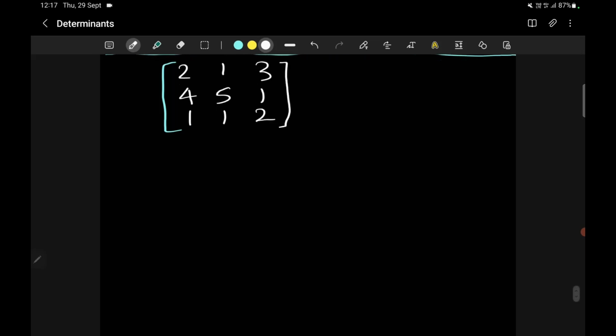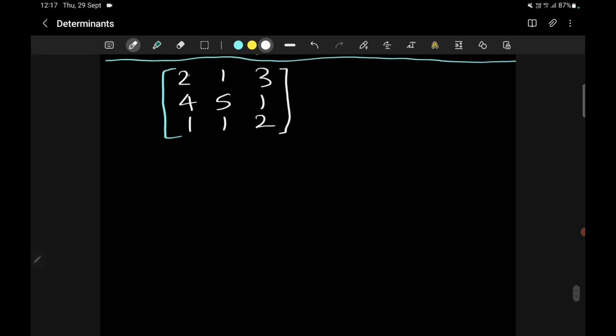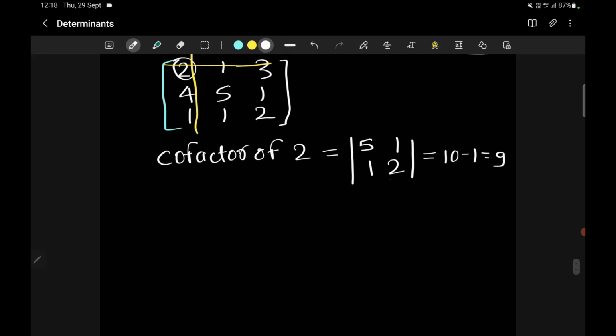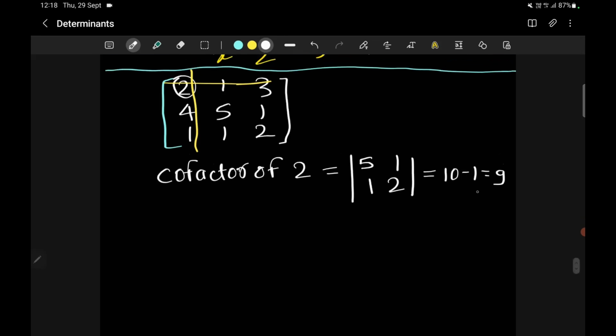If you want to find the cofactor of 2, what you have to do is neglect this whole row and this whole column, and take the remaining numbers as a determinant: 5, 1, 1, 2, and solve this. 5 2s are 10 minus 1, that is 9. So the cofactor for 2 is 9.